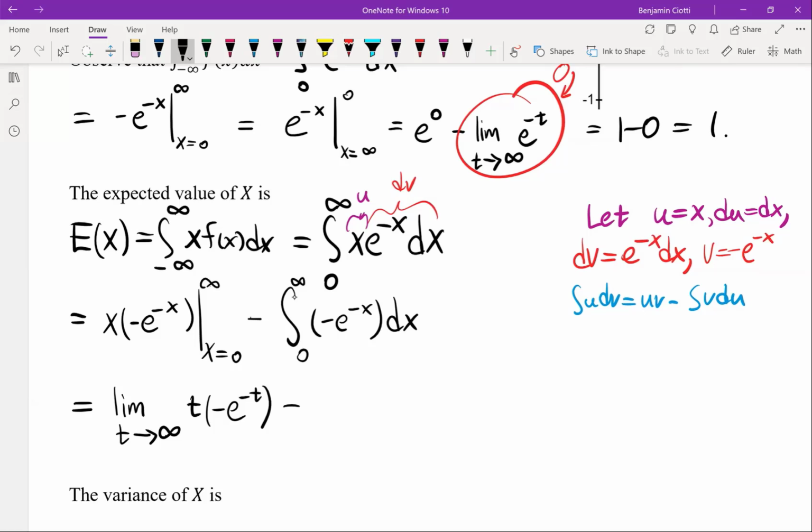And I'll also have a minus 0 times negative e to the negative 0. And then minus, minus, oh, this is minus, minus, make that plus. Plus negative e to the negative x from x equals 0 to infinity.